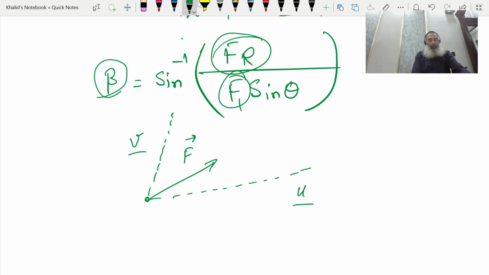And it's important. Sometimes we are to resolve a force into two forces, two different actions, to see what is the effect of the main force in two different directions.